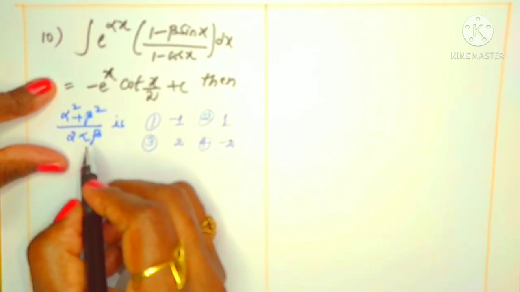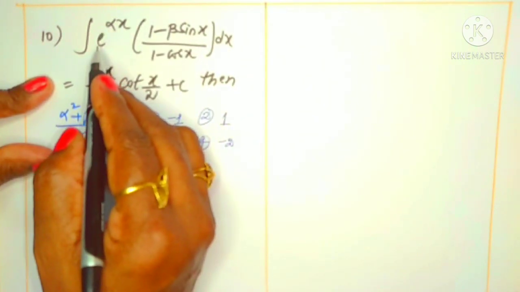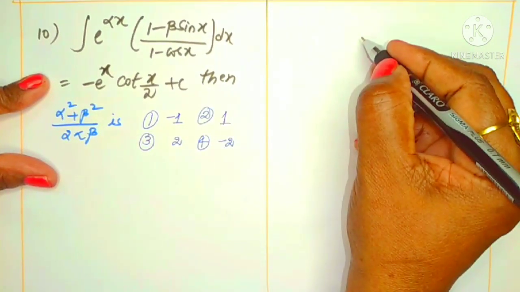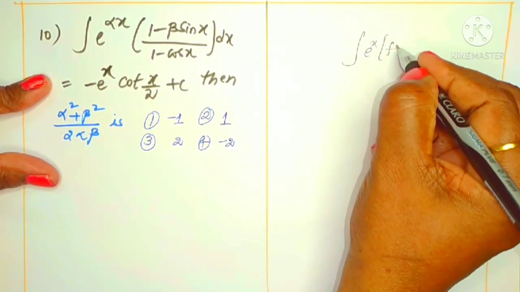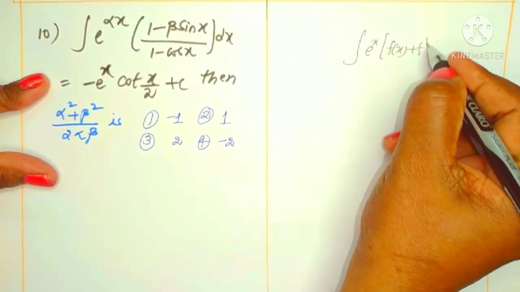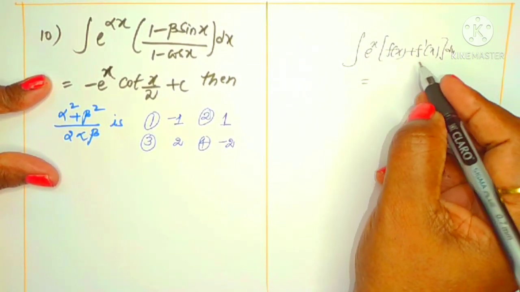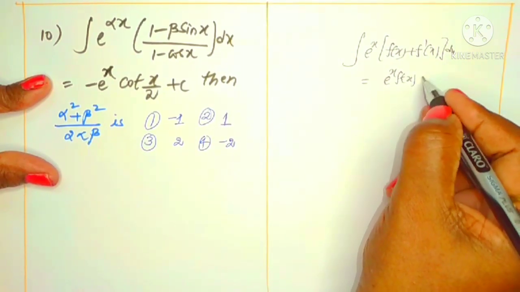To find this resultant value, first you have to find its integral. By observing this question you can understand one of the super formulas. What is that? Integral of e power x of f of x plus f dash x is e power x f x.